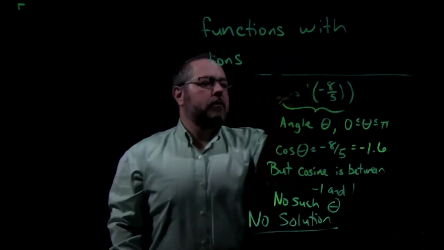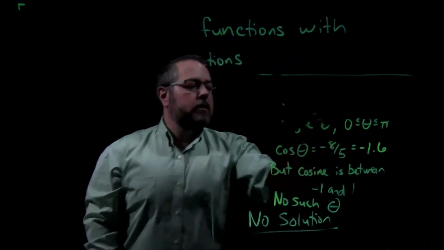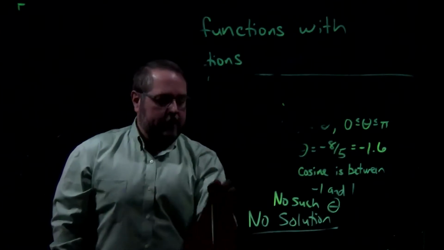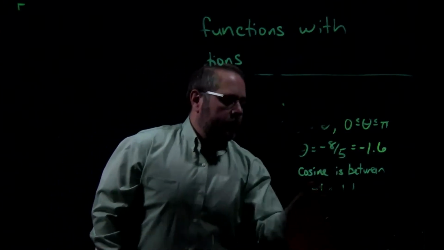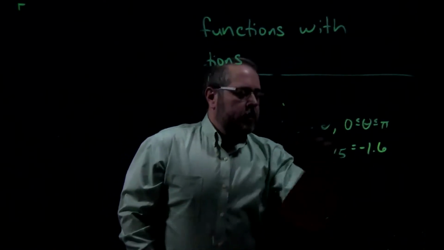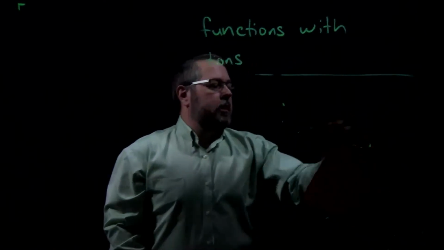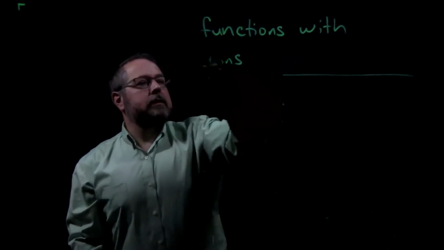Okay, so now let's flip this around and we'll put the inverse trig function on the outside, but we'll stick with the same trig function on the inside as on the outside.